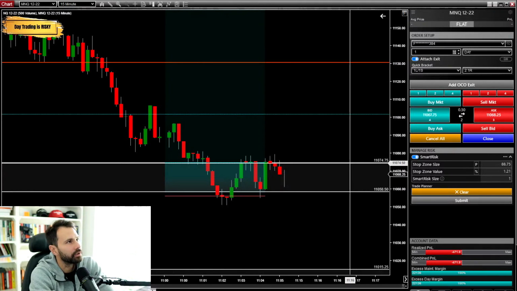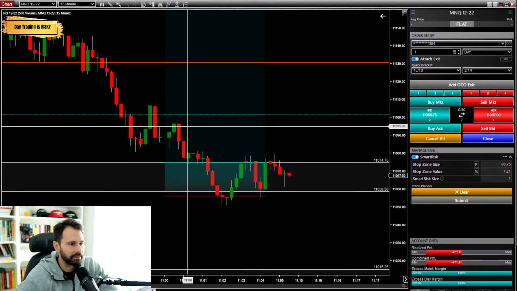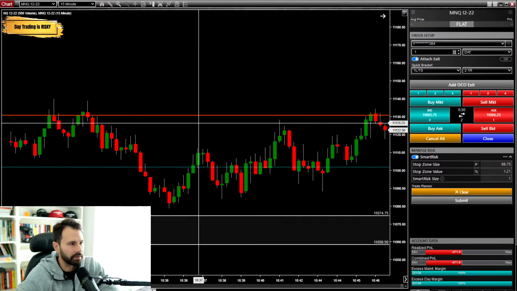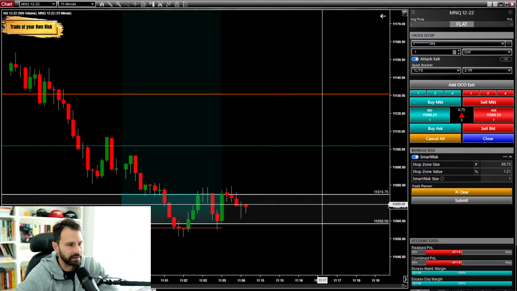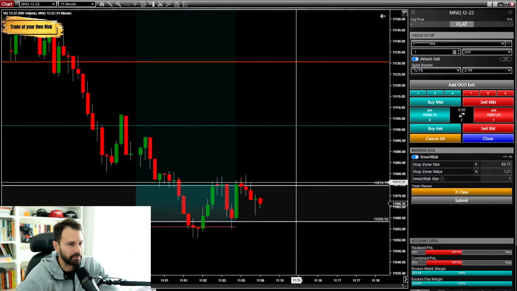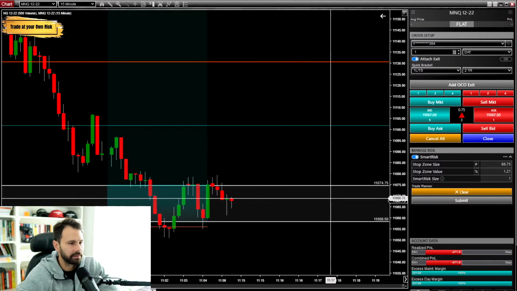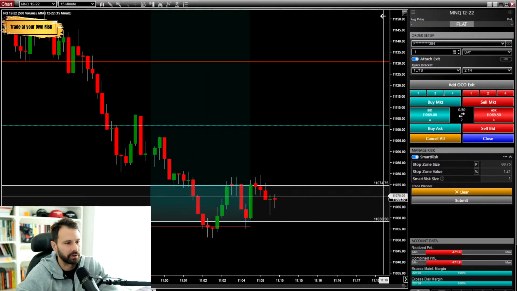Yeah, ultimately the short was a better trade though. I did have the area, but I was waiting for the price to get inside the zone. Never did. So it just tapped it and started to drop from there.